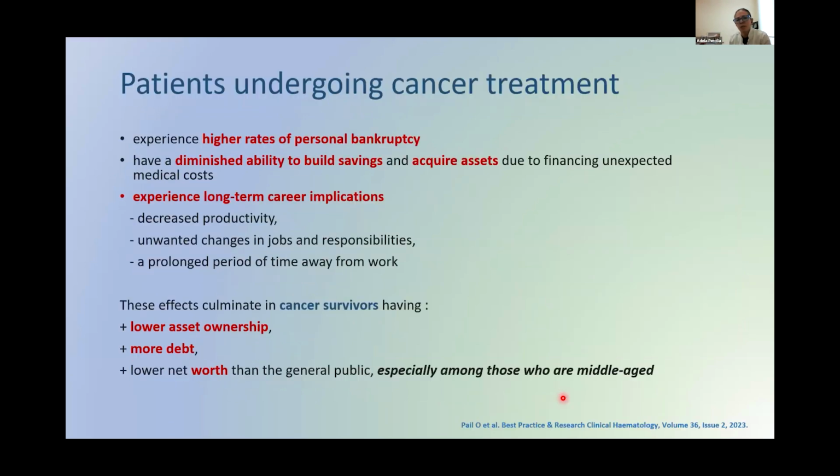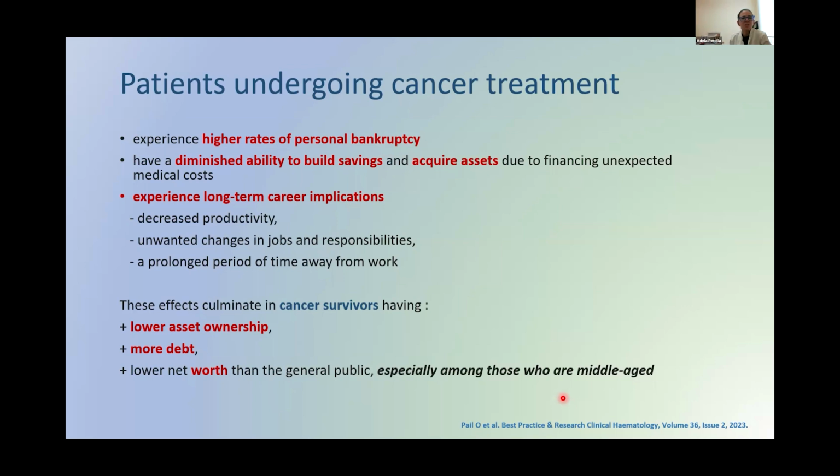And most of the patients that are undergoing cancer treatment experience higher rates of personal bankruptcy, have a diminished ability to build savings, and acquire assets due to financing unexpected medical costs they face. Also, they can have long-term career implication, because due to the chemotherapy or cancer treatment they have a decreased productivity, unwanted changes in the jobs and responsibilities, and sometimes they need this prolonged period of time away from work due to this long cancer treatment.